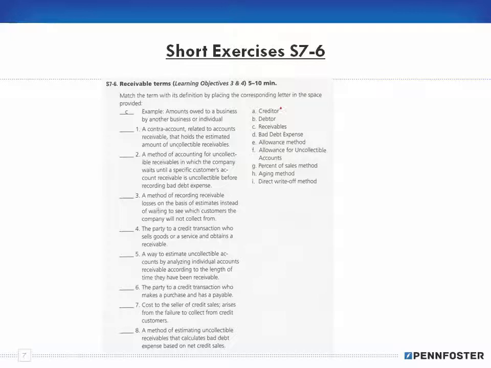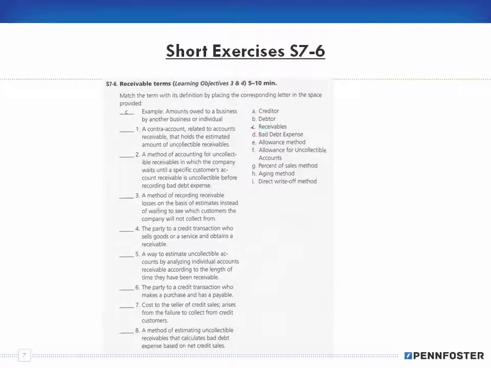We have creditor, debtor, receivables, bad debt expense, allowance method, allowance for uncollectible accounts, percentage of sales method, aging method, and direct write-off method. So we need to look through here. There's 9 here. So they used C here as a receivable.